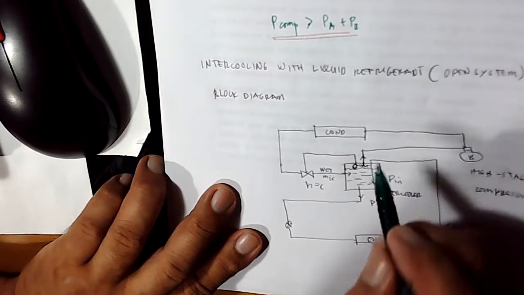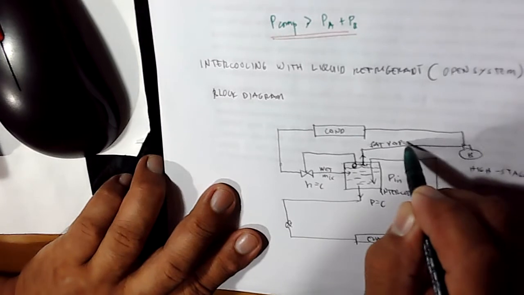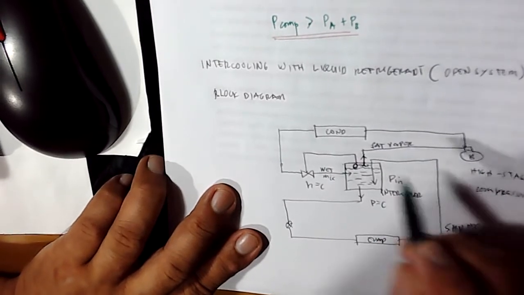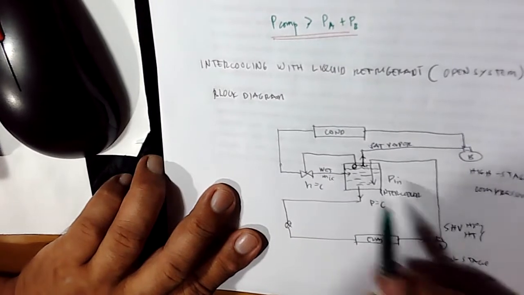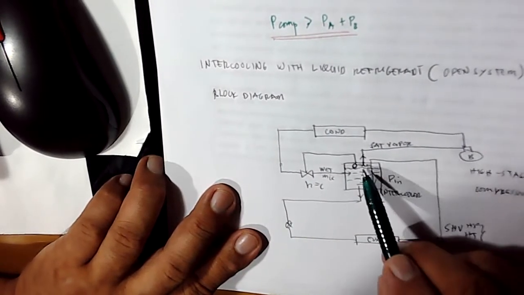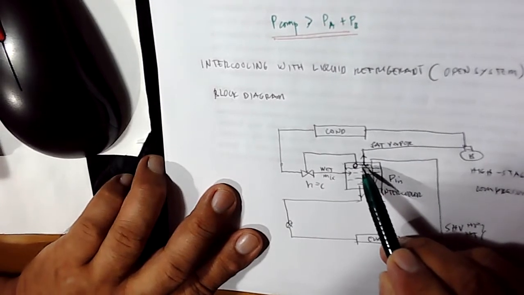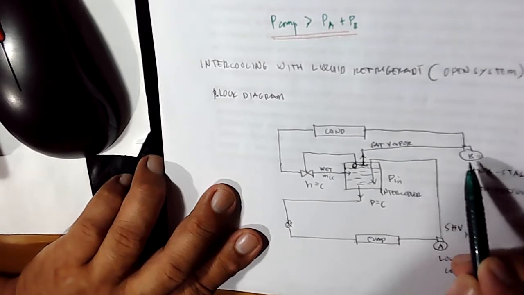The saturated vapor coming from this side, this is superheated. When wet mixture combines with superheated vapor, all of the liquid settles down, and it allows only saturated vapor to go up, sucked by the high stage compressor.